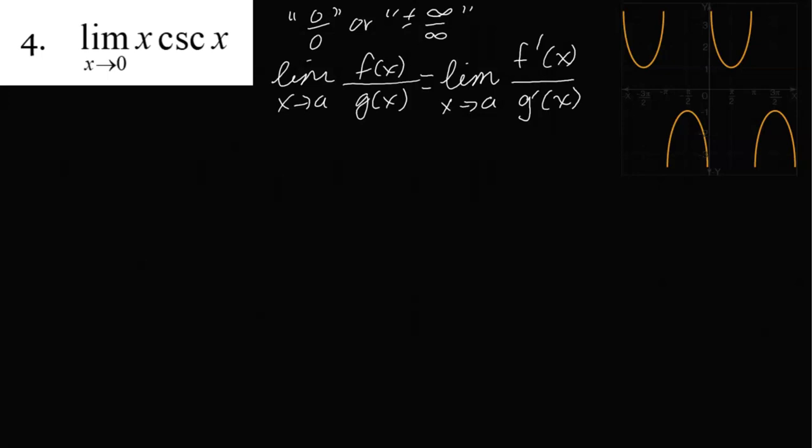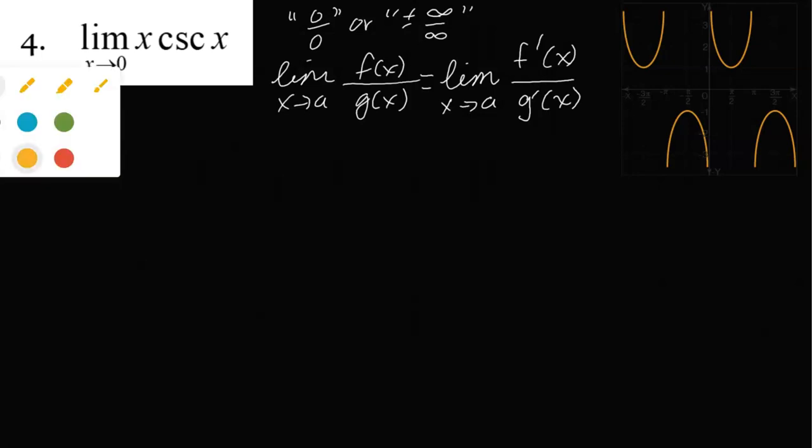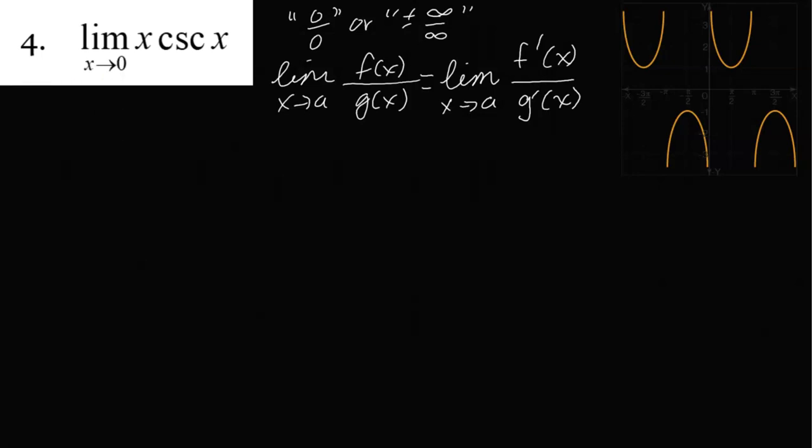When looking at this problem, the limit as x goes to 0 from the right of x multiplied by not cosine but cosecant of x, we can see that as x approaches 0 from the right-hand side, cosecant goes to infinity.